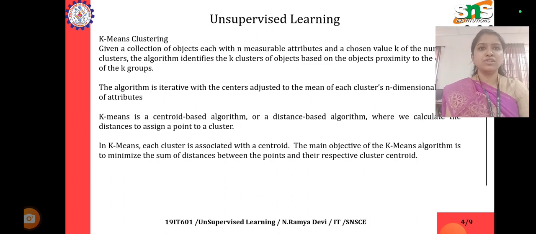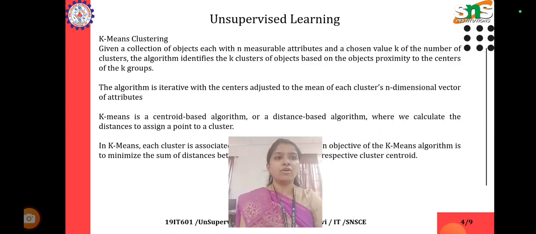K-means clustering. Given a collection of objects each with n measurable attributes and a chosen value k of the number of clusters, the algorithm identifies the k clusters of objects based on the object's proximity to the centers of the k groups. The algorithm is iterative with the centers adjusted to the mean of each cluster's n-dimensional vector of attributes.